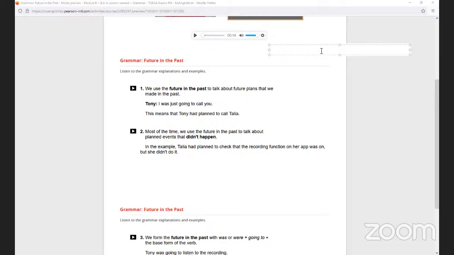But what happens when that action in the future is converted into past? It's converted when, for example, we had a plan and that plan didn't happen. That plan was broken. That plan maybe couldn't happen because of some situations that happened. So that plan was not accomplished, okay? So in that case, we say that that plan stayed in the past.